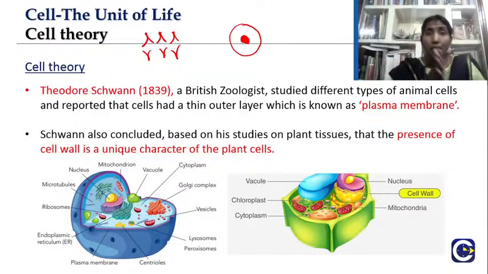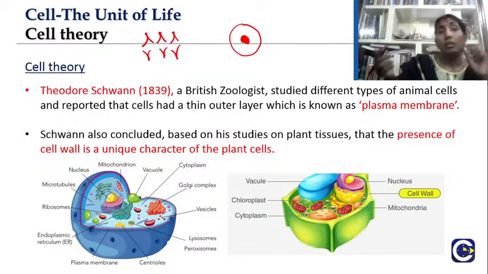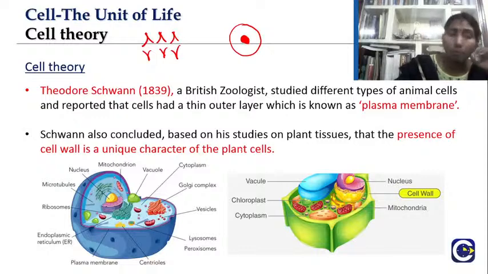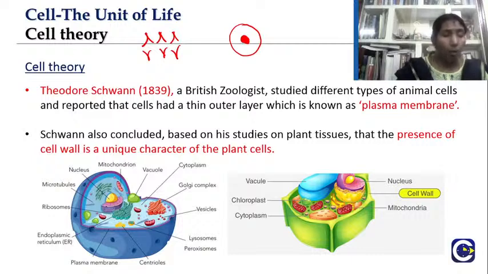So just as he concluded that the animal cell had a plasma membrane, here they also said that the plant cell has also got a cell wall. So that was a conclusion he made from his studies. Okay. So what was the ultimate thing that they stated?